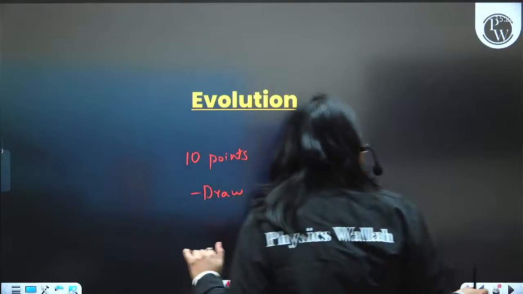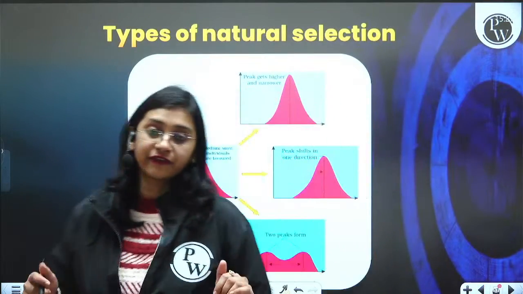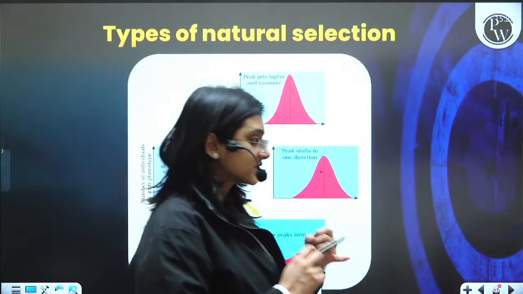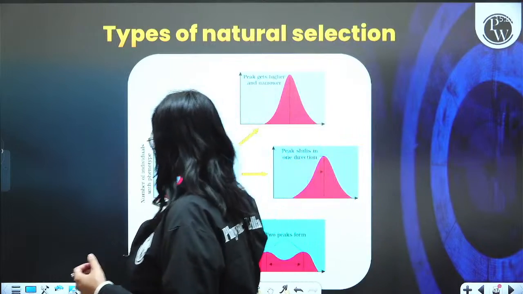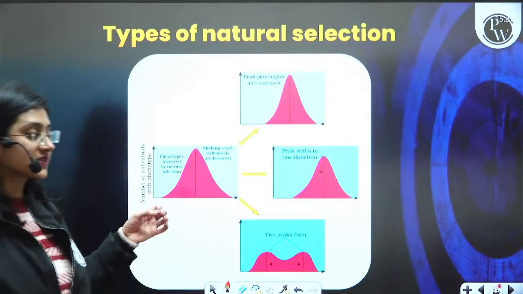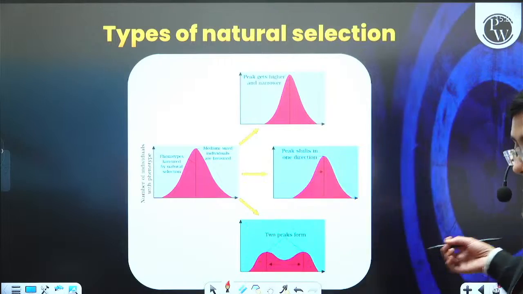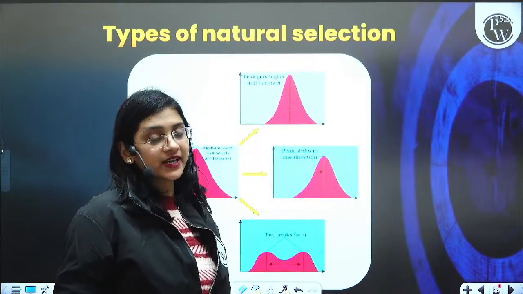Okay. So in evolution, you can expect the question from types of natural selection, that is disruptive, stabilizing, directional types of selection, because a case-based study question was being asked in the sample question paper 2023-2024, which means once again a question can come from this concept.